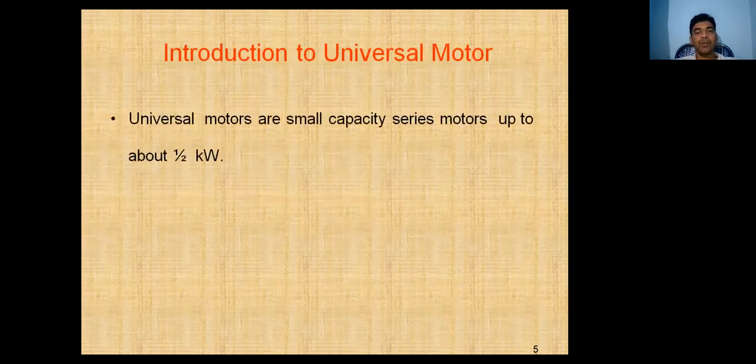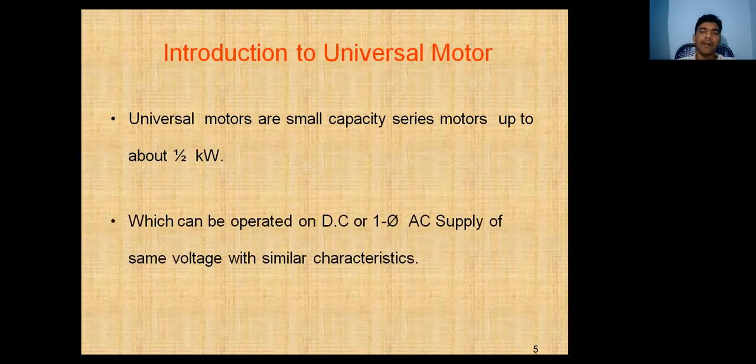Coming to the introduction: universal motors are small capacity series motors, used up to about half a kilowatt, which can be operated on DC or single phase AC supply of the same voltage with similar characteristics.